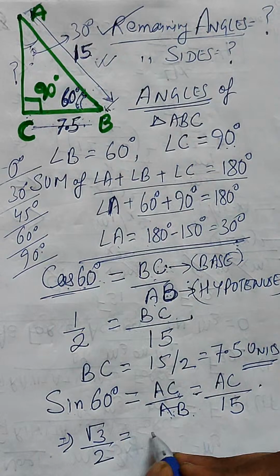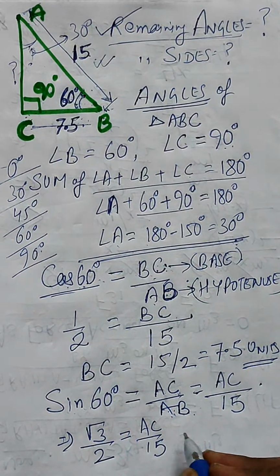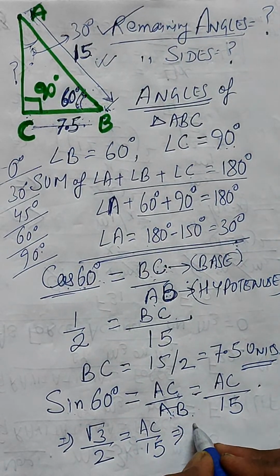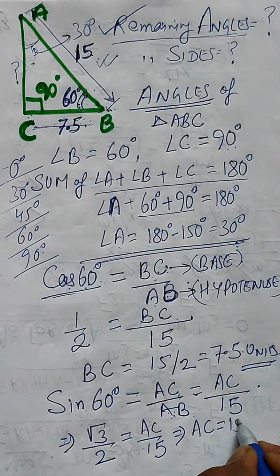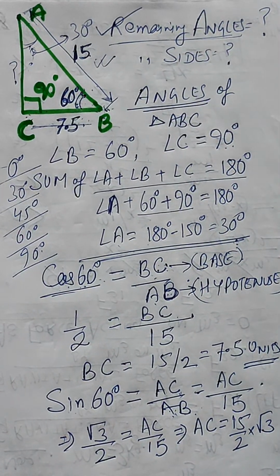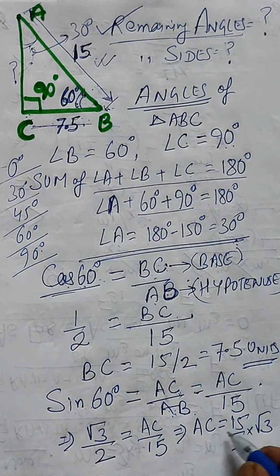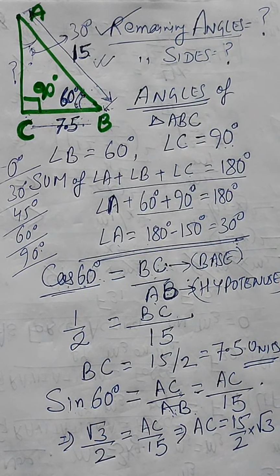This will be equal to AC by 15, which will give you the value of AC as 15 by 2 into root 3. So 15 by 2 root 3 is the answer for AC.